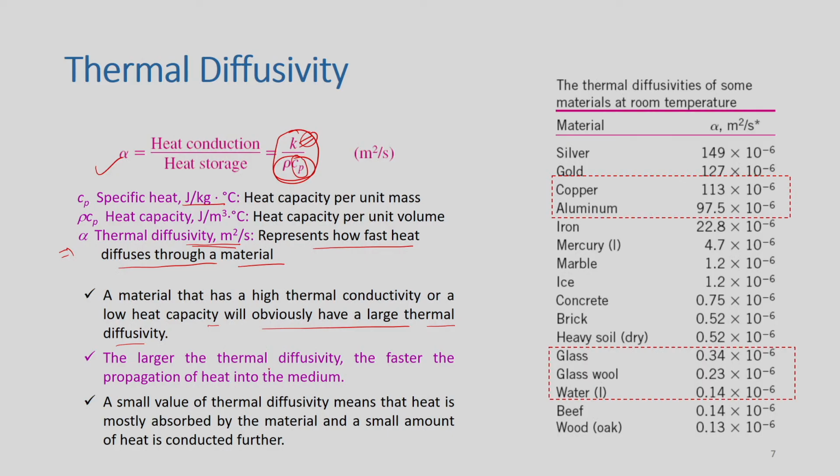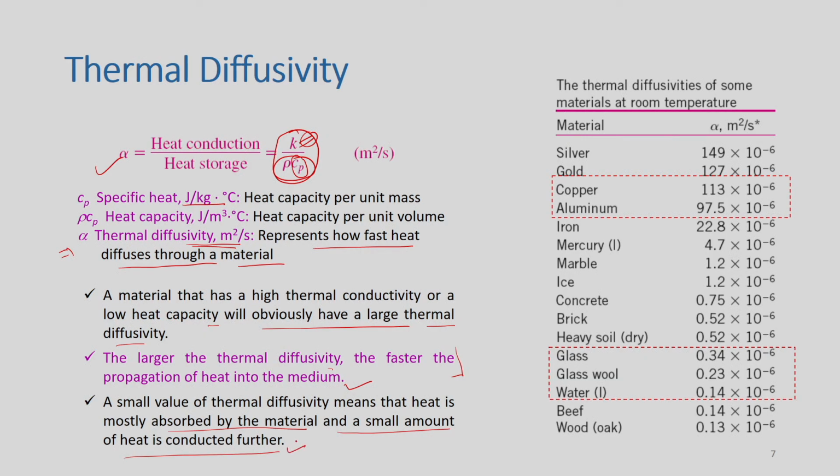So, the larger the thermal diffusivity, the faster the propagation of the heat into the medium, that we must keep in mind. A small value of thermal diffusivity means that heat is mostly absorbed by the material and a small amount of heat is conducted further.